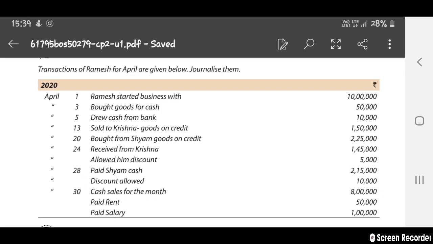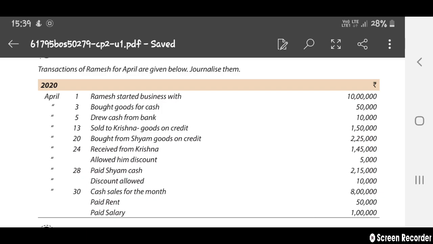On April 13, he sold some goods to Krishna Goods on credit for rupees 1,50,000. On April 20, he bought some goods from Shyam Goods on credit for rupees 2,25,000.